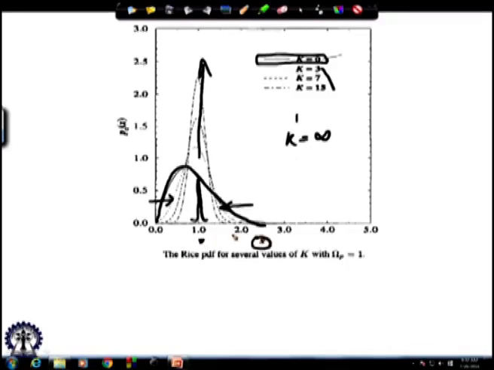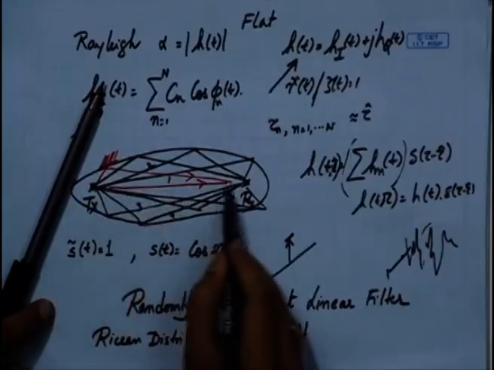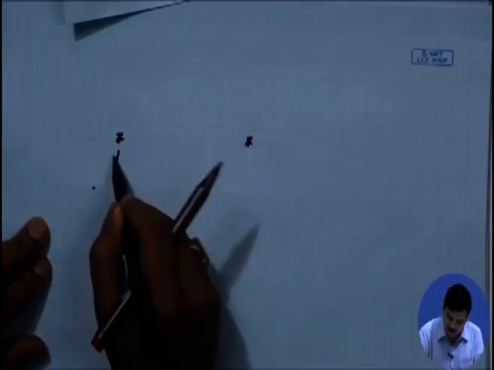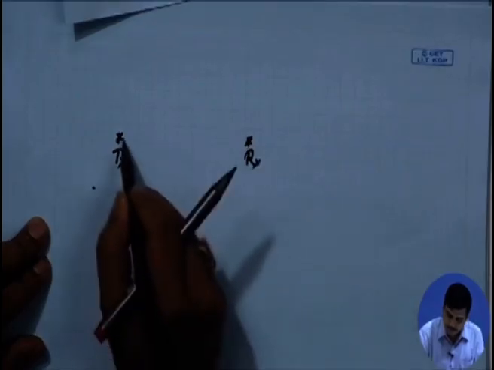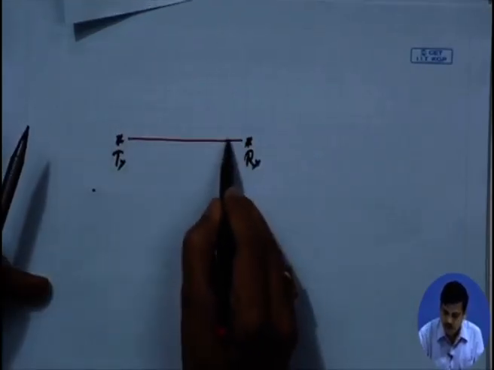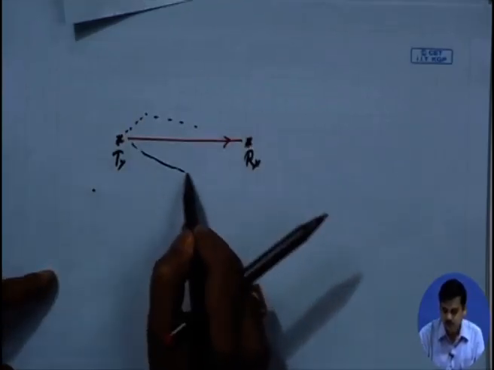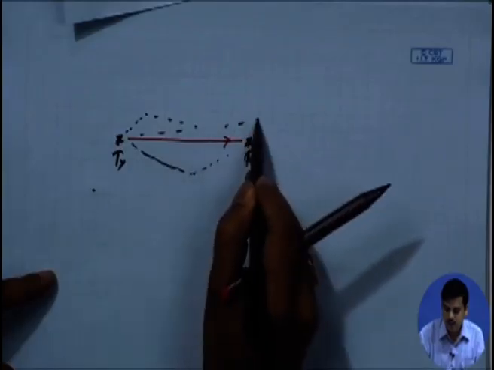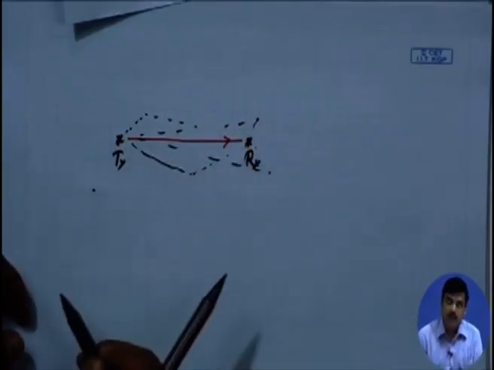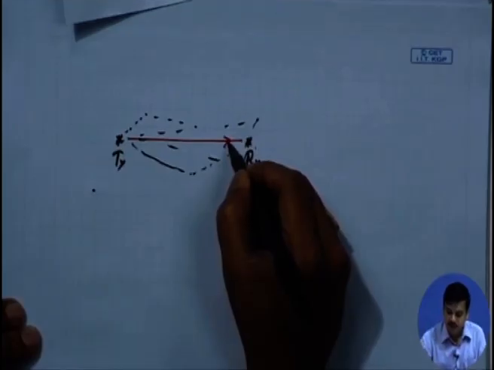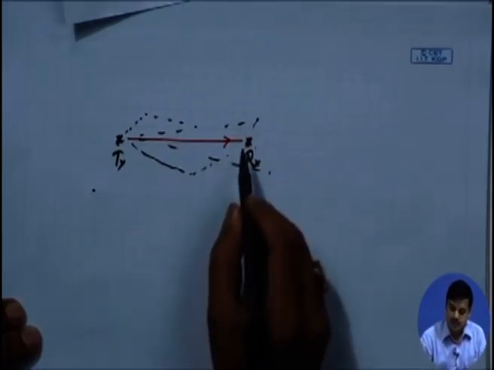So, when there is a very strong specular component between the transmitter and the receiver, whereas the reflected paths are very small, with hardly any signal strength available in the reflected paths, we have a Rician distribution. When these are almost negligible, that means when this is infinite in ratio with respect to the powers in this, there is hardly any fading.